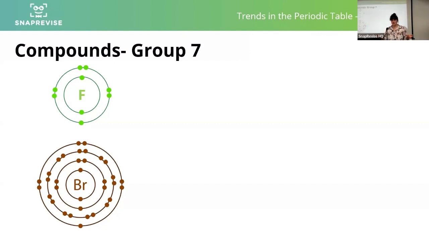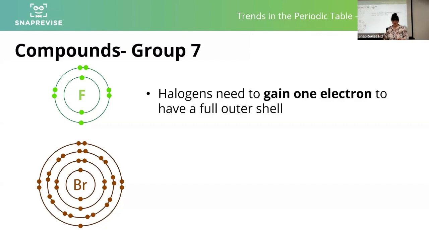So what do our halogens need to do to gain that full outer shell? They have to gain 1 electron, which is fairly easy to do because it's only a single electron. By easy, I mean low energy. It doesn't require much energy to gain a single electron, which means it can happen rapidly.